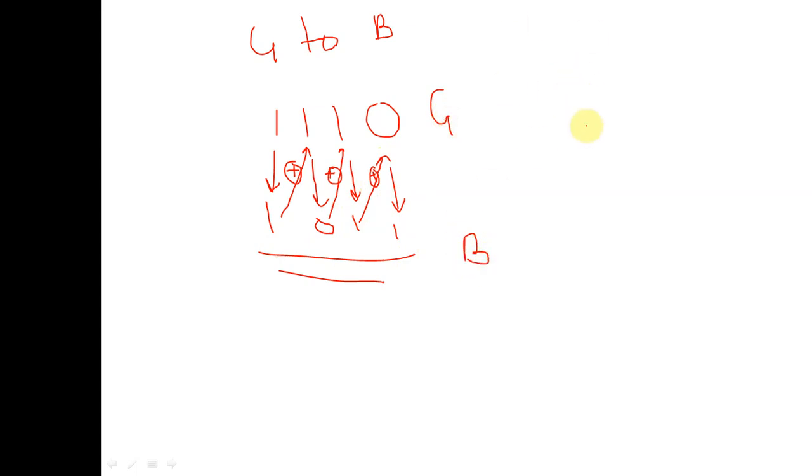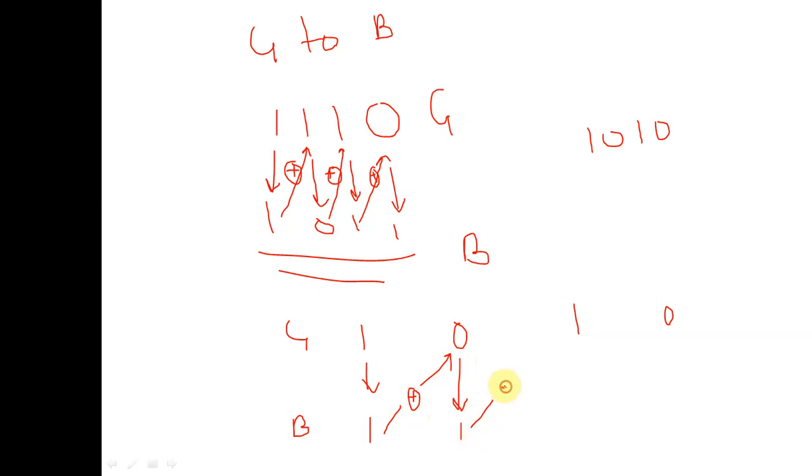Again I am taking the example 1010. This one is the Gray number, and the Gray number is converted into a binary number. This one as it is. This one is added with 0, so 1 plus 0 is 1.